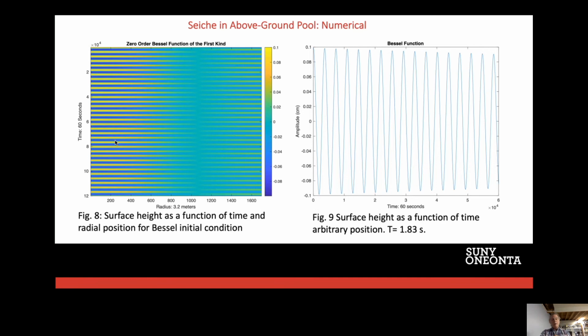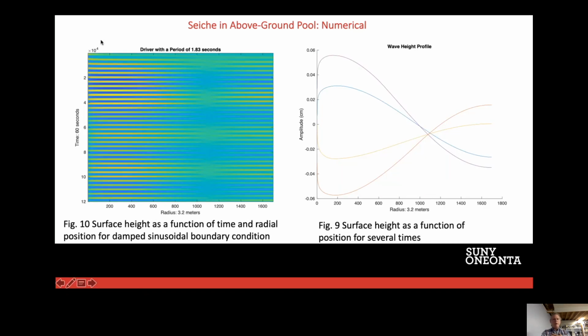And of course, I think this is a nice picture, but the kids just think it's a wave pool. We started this with an initial condition of a Bessel function, and we've been trying to duplicate what we actually do in the pool, which is to drive the center. So here we did the same thing, but instead of having an initial condition, we started out with an initial condition of 0, just flat water, and we drove the center with a damped sinusoidal boundary condition.